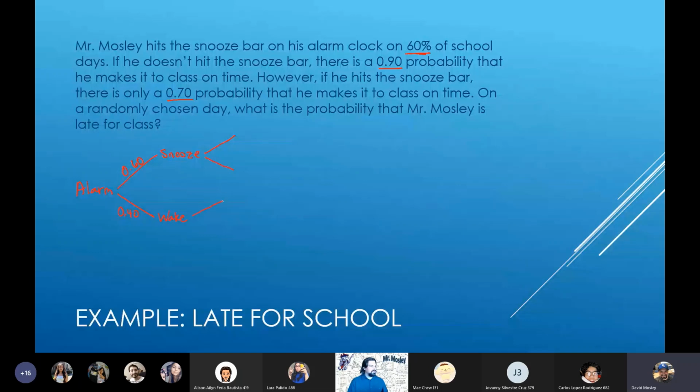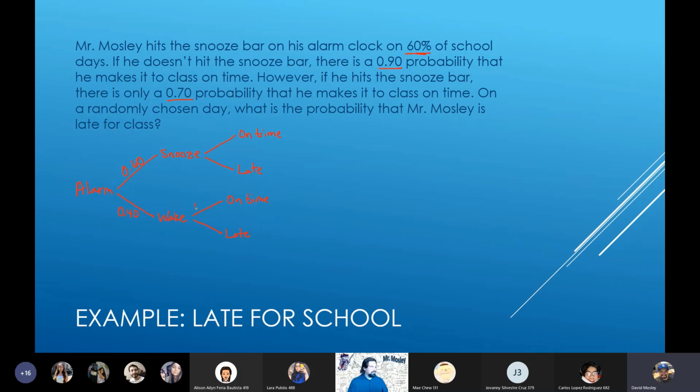And then if I snooze, there's two choices here: on time or late. We have on time or late. If I don't hit the snooze bar, there's a 90% probability that I make it to class on time.